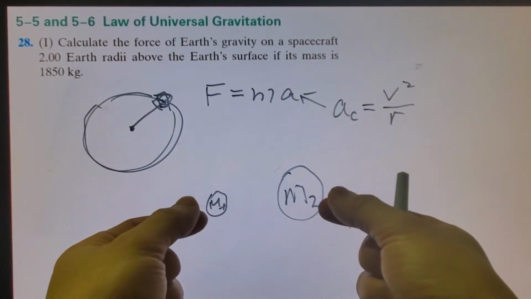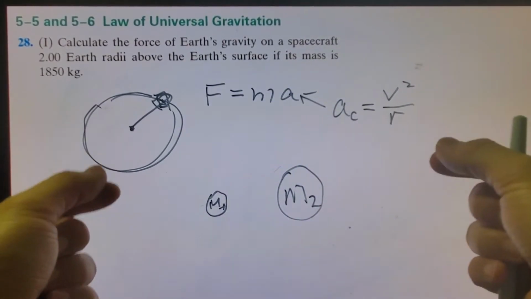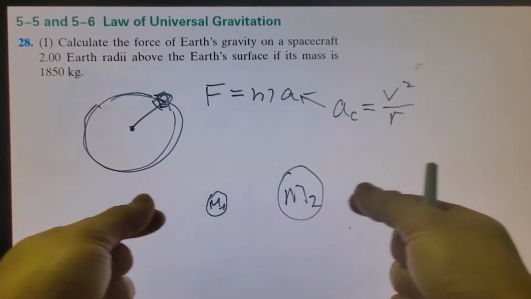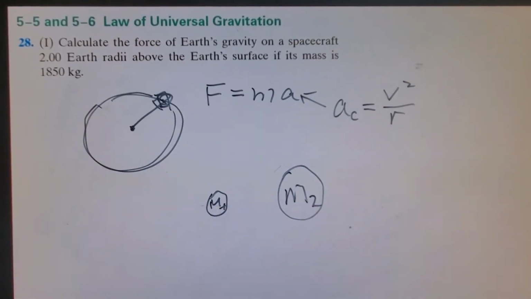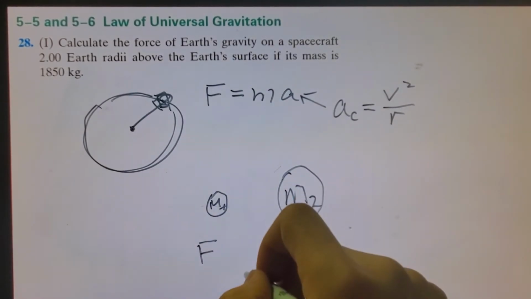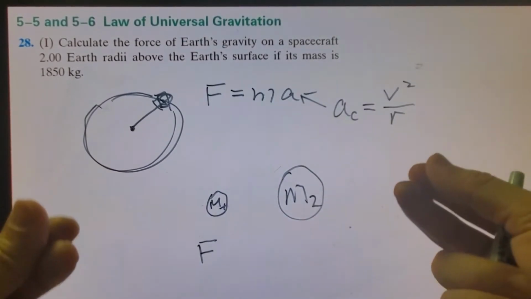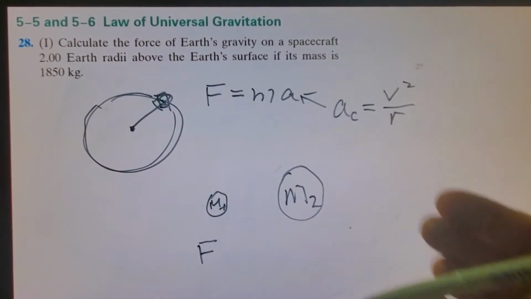If you separate two pieces of magnet far apart, you may not feel the force, but if you put them closer, you feel the force. However, if it's not a magnet, if it's just any two objects with mass, it will work the same way.